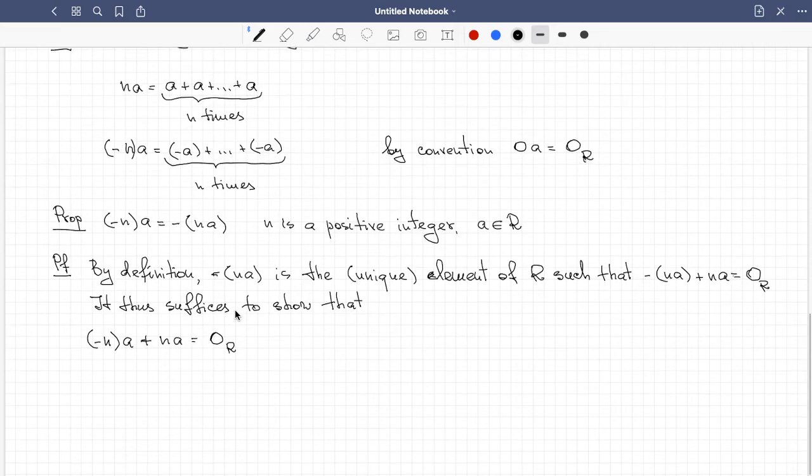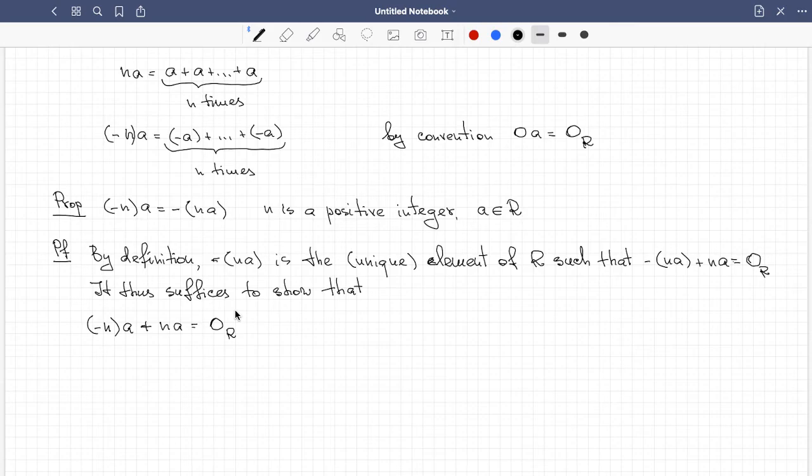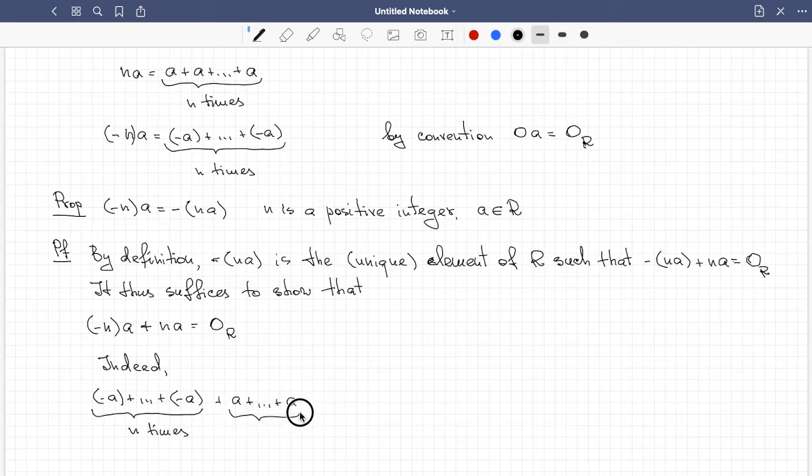Now we look at our notations. Let us show that indeed negative n times a is, by definition, negative a plus up to negative a, n times, and n a is defined here as a plus dot dot dot plus a, also n times.